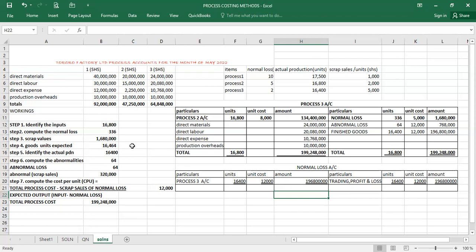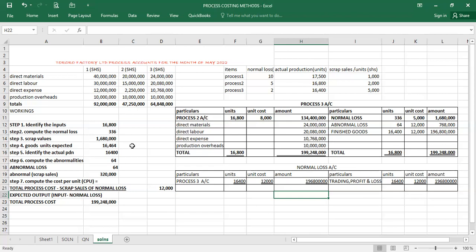Remember, on recognition of the abnormal losses, we had already credited. Sorry, we had already debited. When we credit it, it means we are trying to reduce that normal loss that we've incurred. You get that? Because all of those accounts, the normal loss, the only account that is going to be remaining open is maybe the scrap sales.